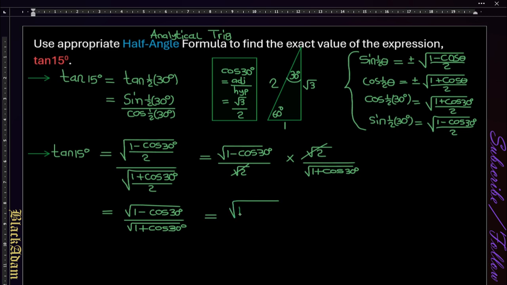There's going to be the root of 1 minus root 3 over 2, divided by the root, once again, of 1 plus root 3 over 2, and that means we have to simplify. The 1 can be 2 over 2 minus root 3 over 2, and then divided by, once again, 2 over 2 plus root 3 over 2.